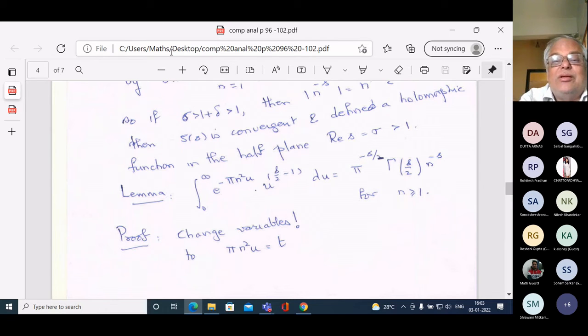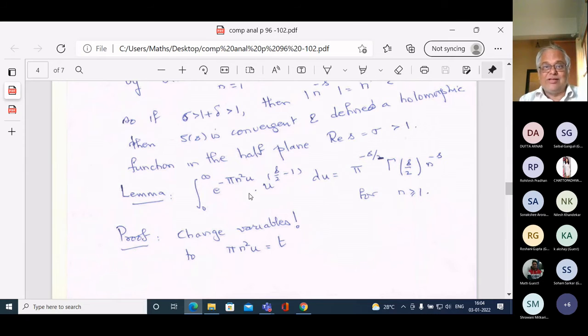This looks very much like a gamma function. Only my u has been scaled to something, and there is a certain power here, which is exactly the power that I want. So this has to do with the gamma function at s by 2.